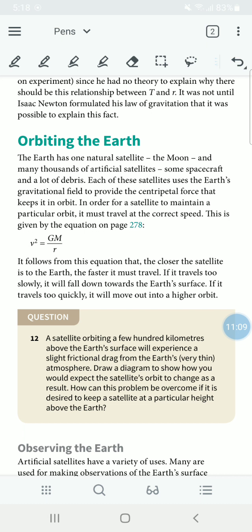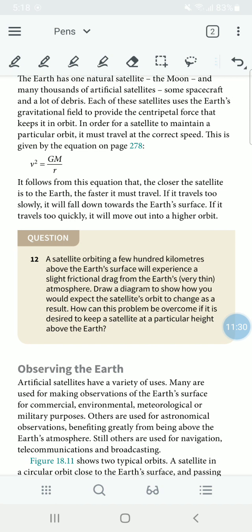Or if it goes too fast, it will go into higher orbits, and a continuous rise in speed will get it thrown out of the Earth's gravitation. I hope you understood. Please answer question number 12.